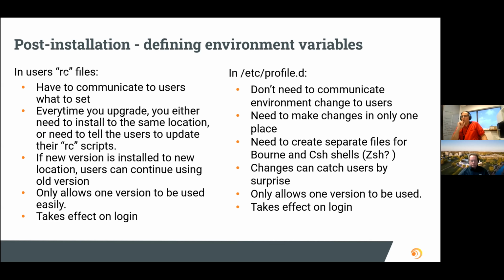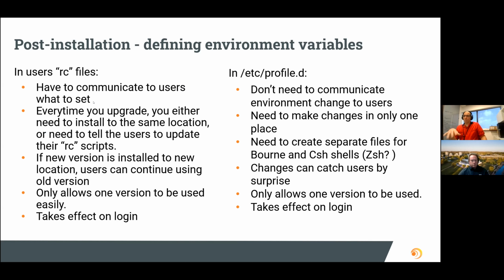You can have users add this to their RC files if they want to use the application. And there are pros and cons to that, mostly cons. You have to communicate to the users what to set. That's either an email announcement or putting it on a web page that you use to document the software in your environment.